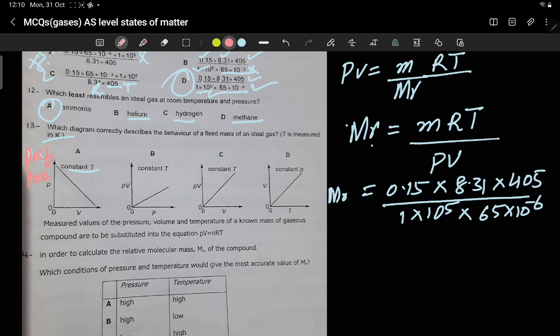For example, when we increase pressure, volume is over here. At zero pressure, volume is zero, and this is not practically possible.